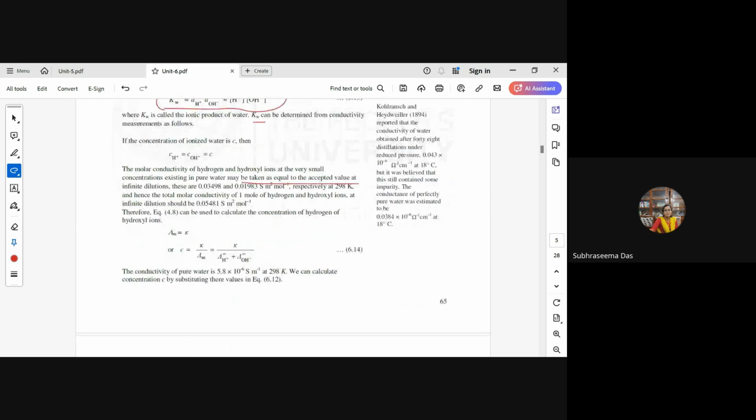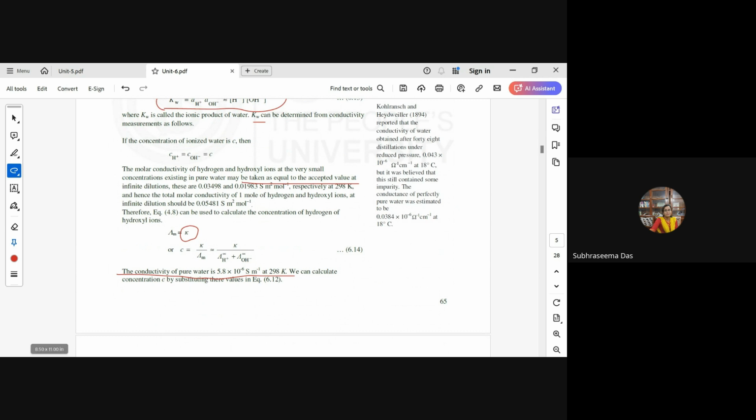So therefore equation 4.8 can be used, and lambda m is equal to kappa by C, or C is equal to kappa by lambda m. This is equal to kappa by lambda of H plus plus lambda of OH minus, and by putting all the values we find out the conductivity of pure water. We know it is 5.8 into 10 to the power minus 6.